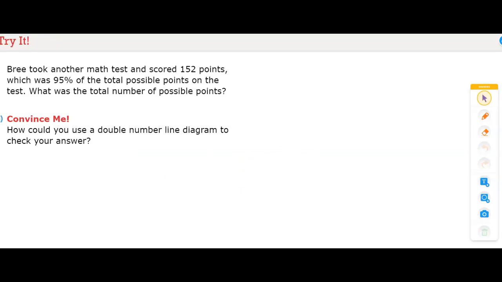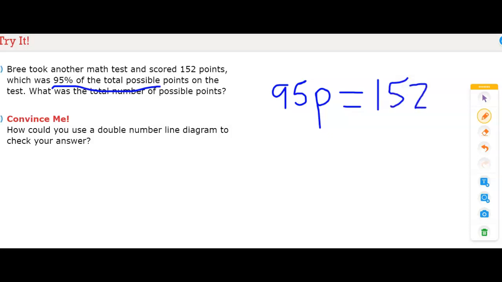Bree took another math test and scored 152 points, which was 95% of the total possible points on the test. What was the total number of possible points? 95% of the total possible points equals 152.